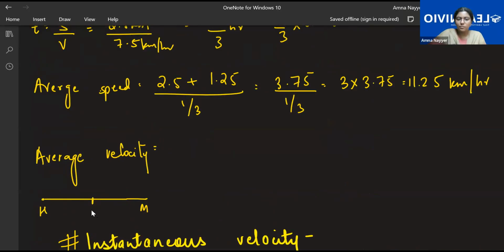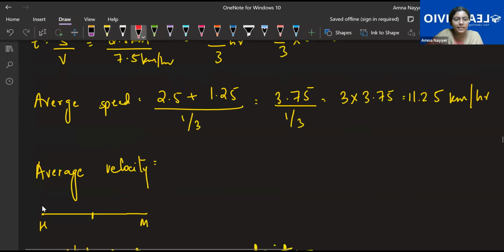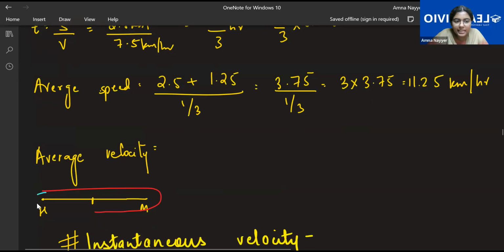That was his final stop. In distance, we took that whole separation, home to market plus this additional distance. From home to market, market to the midpoint, so we had to add this distance 2.5 plus this additional. In displacement, yesterday, if you remember, we studied, you just take the initial point from where the person started.